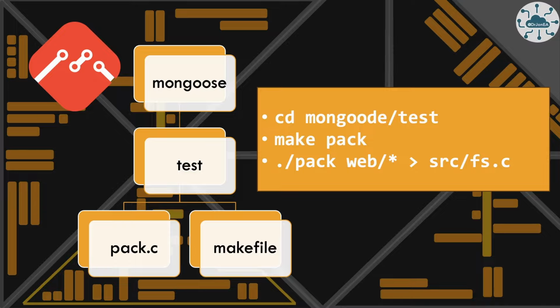That utility then, anything that is on the command line is then created as part of that packed file system. So you see if I run ./pack web/*, that will pick up all of the files in that folder and create a file system.c file with those files in them.